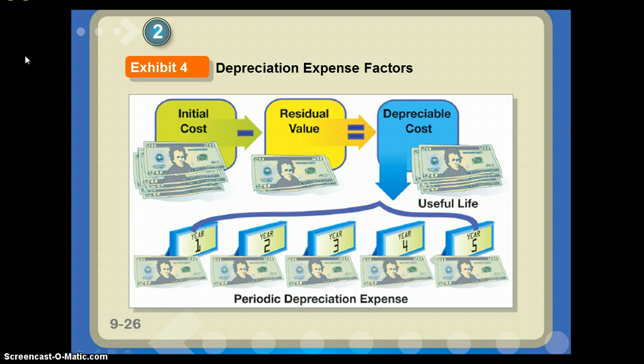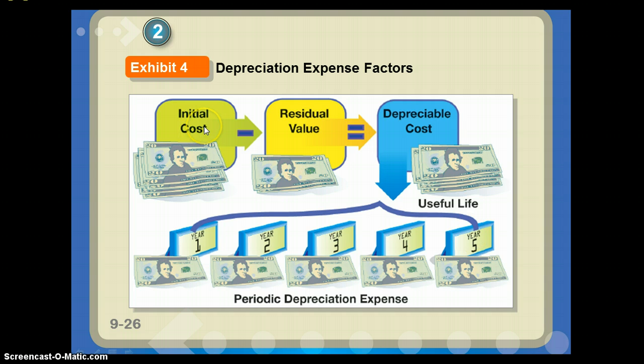Here's a graphic showing the calculation of depreciation. Our initial cost, what we purchased it for, minus the residual value, what we expect it to be worth at the end. The difference between those two is how much value we have to depreciate. And that depreciation is spread throughout the years of its useful life. So this item has a 5-year useful life.